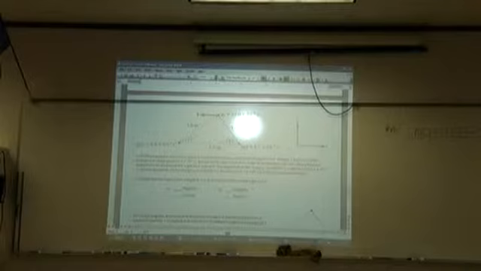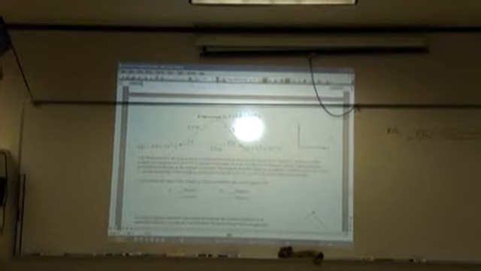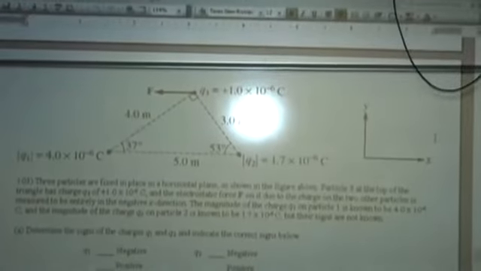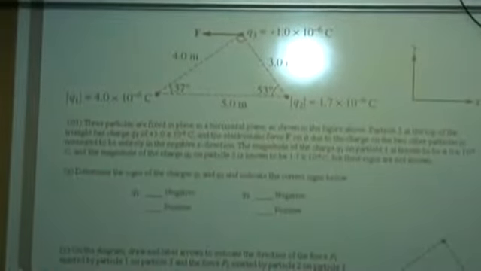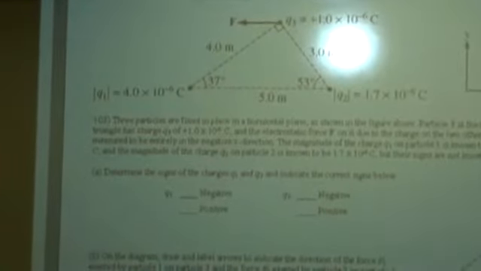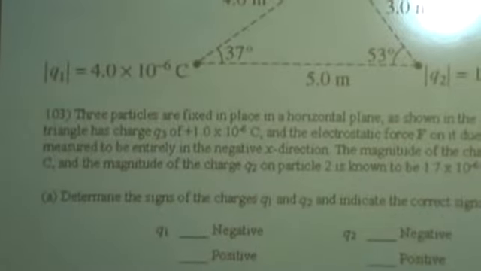It says you've got 3 particles that are fixed in a horizontal plane as shown above. Particle 3 at the top of the triangle has a charge of +1 microcoulomb, and has an electrostatic force F due to the other charges. It's entirely in the negative x direction, as shown.